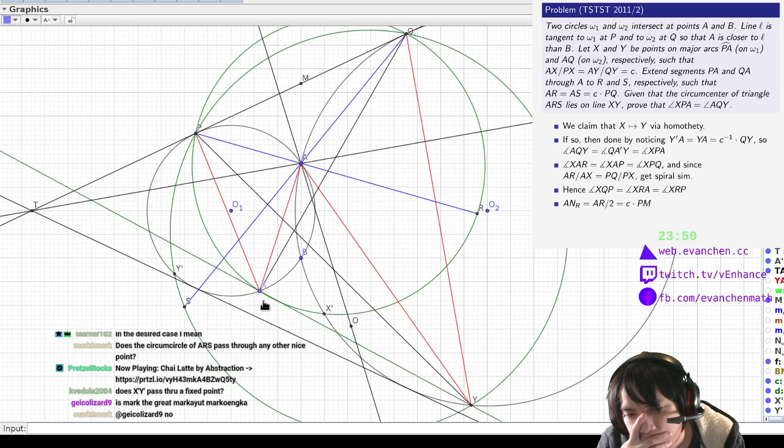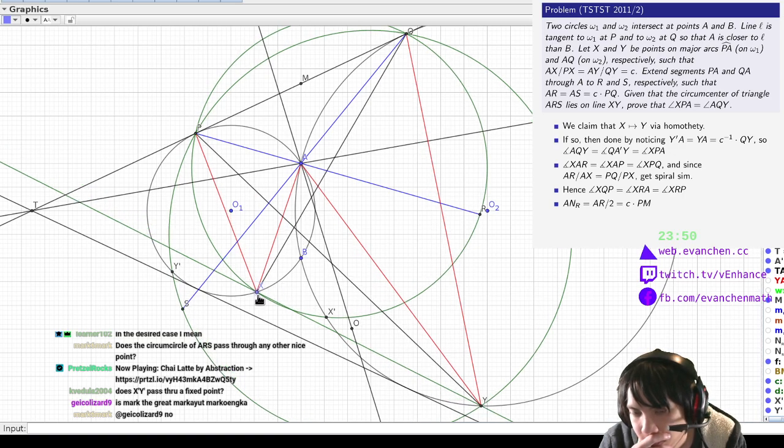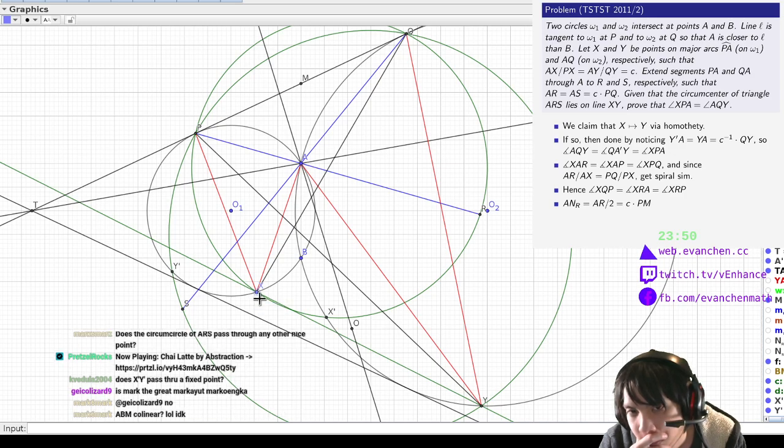This is very sad. ABM collinear? Yeah. No, ABM collinear is definitely true by radical axis.